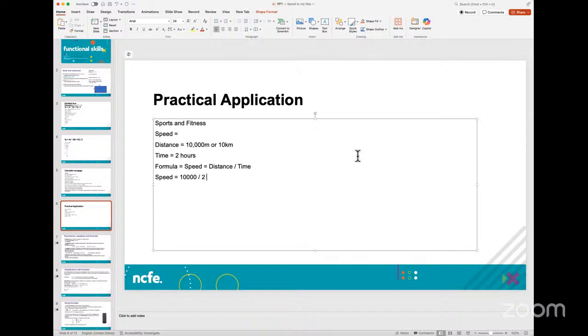So 2 hours, this is something that you need to know, and that is information that you will need to learn and obviously memorize. Now, when you look at distance, if the variable is given in kilometers, then you would use hours. But if you are given the distance in meters, then you would need to use minutes.